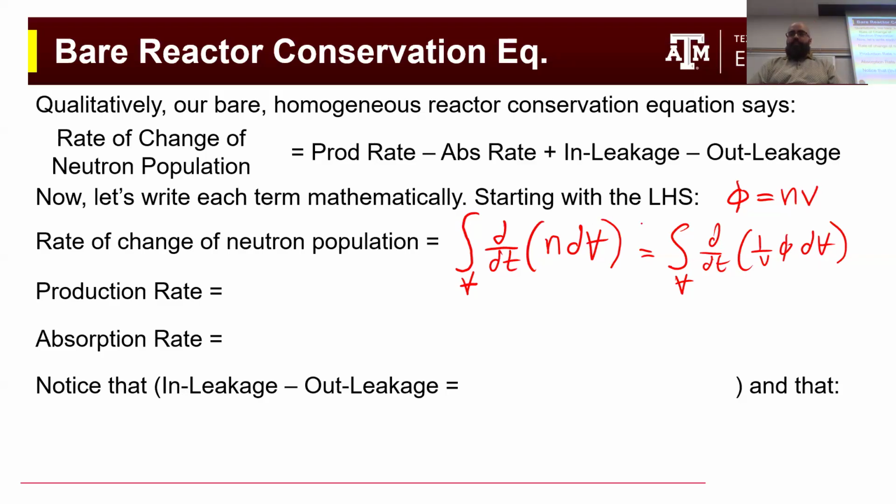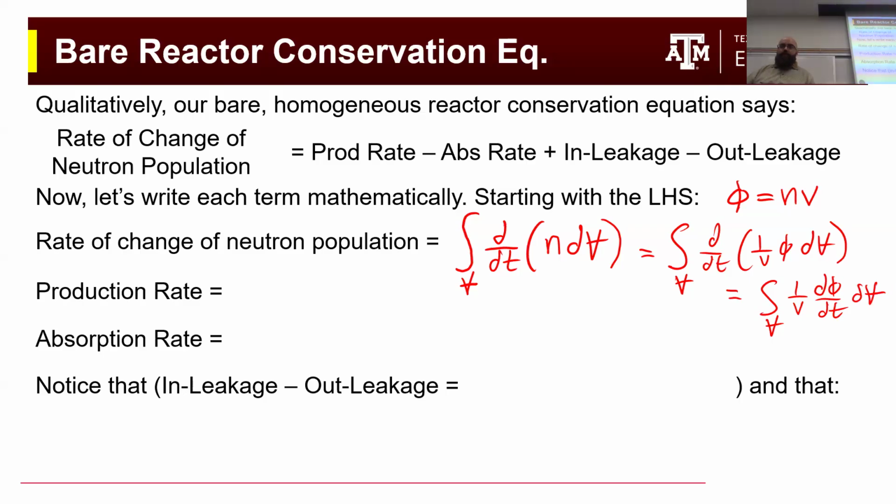Substituting in this definition for n, which would be flux over the speed. And then I can start thinking about which of these quantities would be pulled out of the differential. This speed isn't going to change with time because we're assuming one speed. And then the differential volume can also come out of the time operator. So this term is going to look like a volume integral of 1 over v times d phi dt, and then also times a dV.